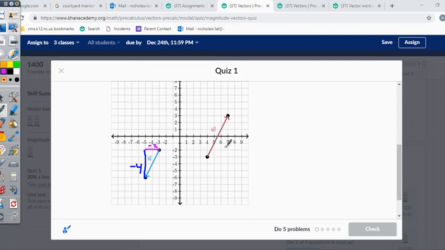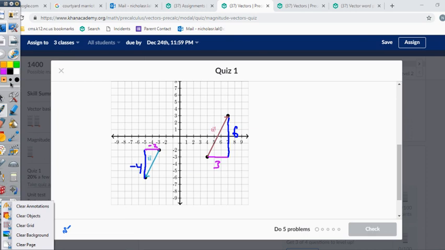So that's for vector u. For vector w, we'll have a horizontal component of 3 and a vertical component of 6. And so these vectors don't have the same horizontal and vertical components, so therefore they are not equivalent.